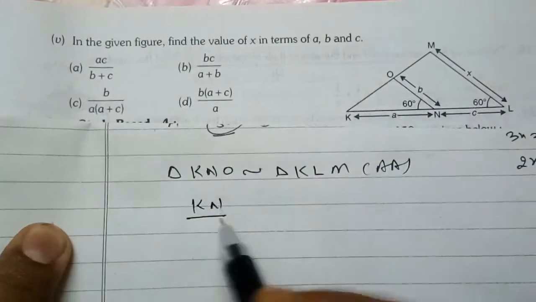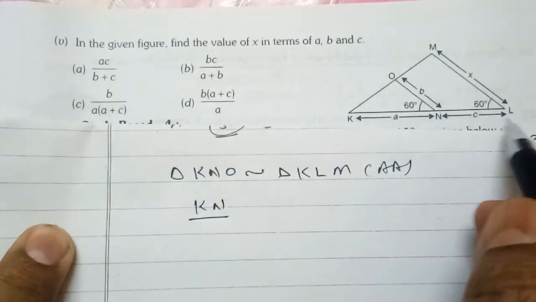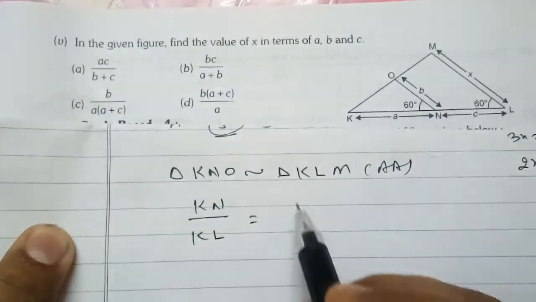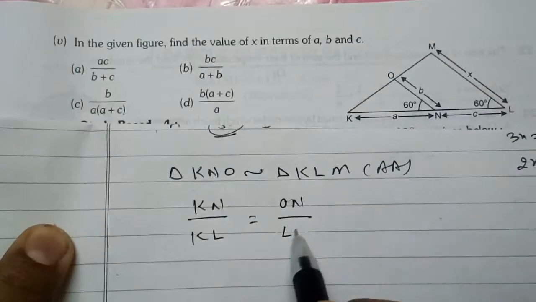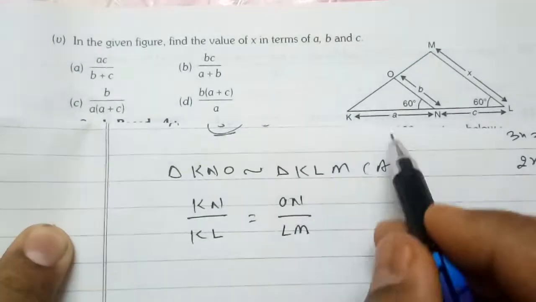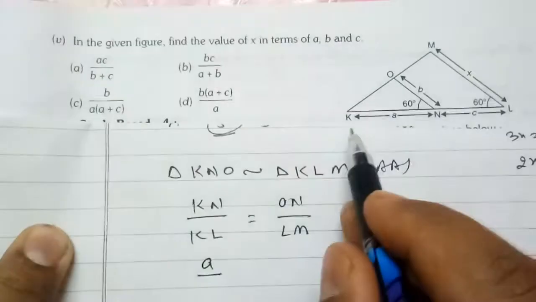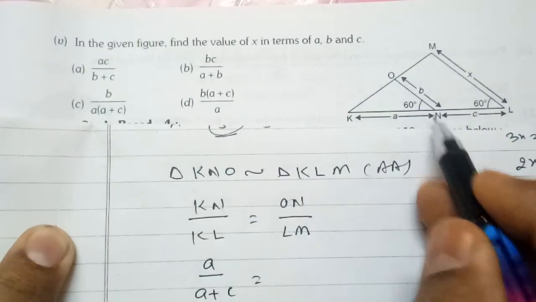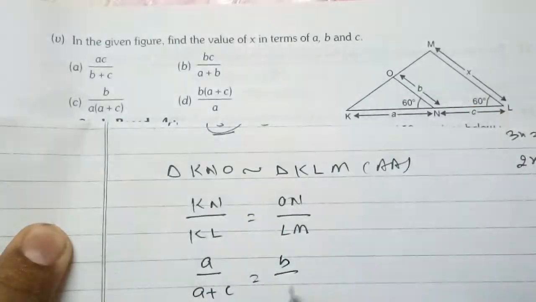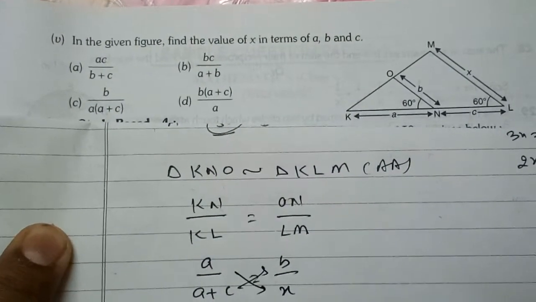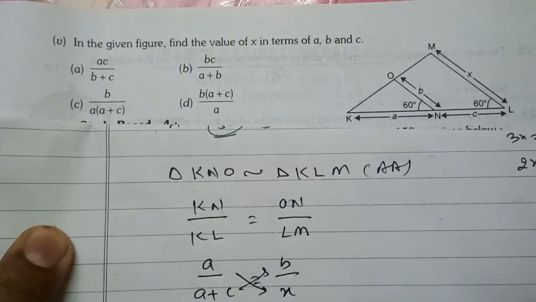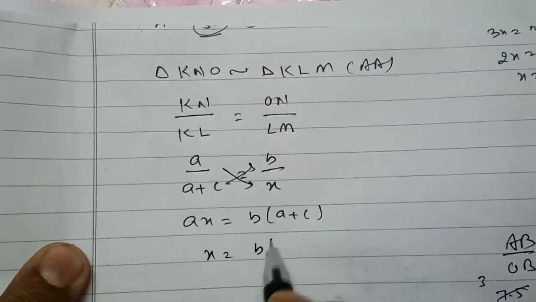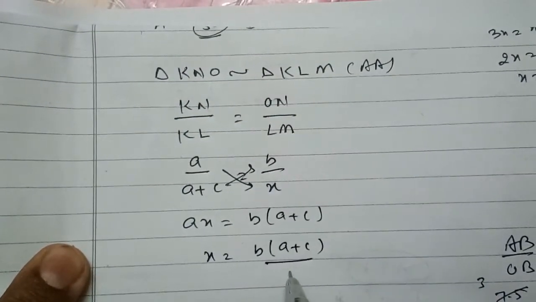So KN over KL, the corresponding sides, equals ON over LM. KN is A and KL is the total A plus C, ON is B and LM is x. When we cross multiply, we get Ax equals B into A plus C. So from here x equals B into A plus C, over A.